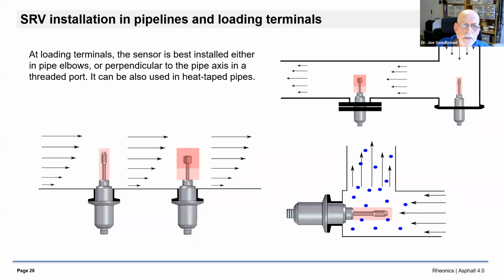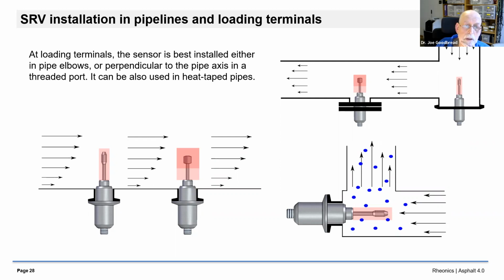So first of all, where do you install these things? Here are some diagrams of different installation options. These are all shown in pipe installations. And the advantage here is, as Sunil mentioned, you can use existing access ports. You don't have to do any hot rework of piping systems.